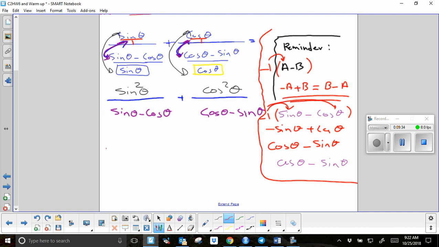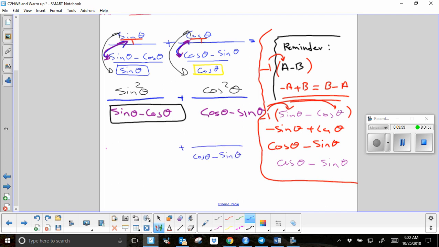So guys, at the denominator of these two, I have the similar case. What do I need? I need to change one of them to the other one. Which one do you want to change? I'm going to change the first one so it would be like the denominator of the second one. So I'm going to keep the second one the same. Cosine of theta minus sine of theta.